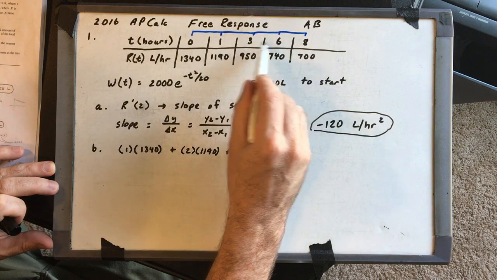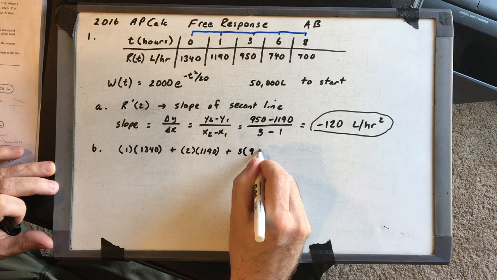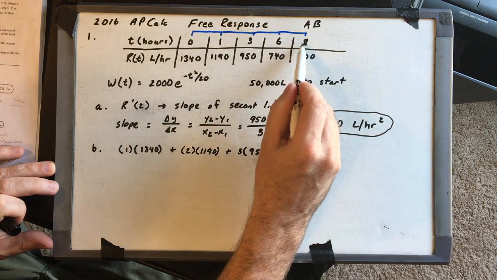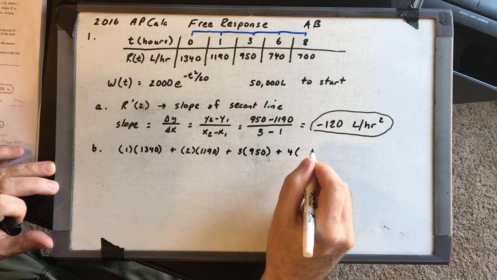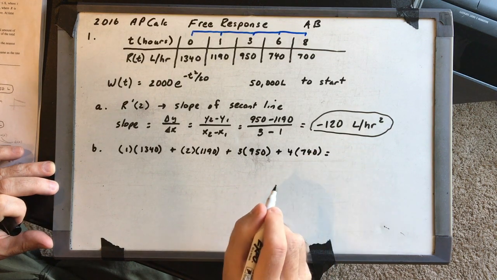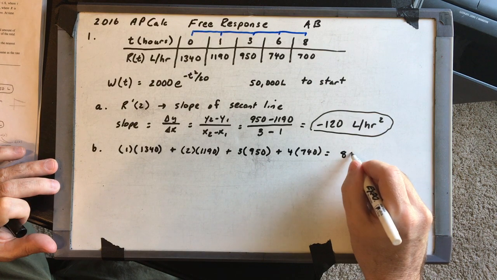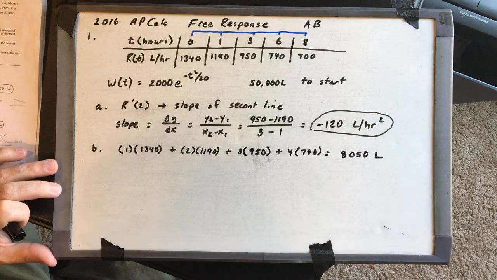For the third rectangle, the base is 3. The left height is 950. And for the fourth rectangle, the base is 2 from 6 to 8. And the left height is 740. So, you get to use your calculator, thank goodness, but that's 8,050 liters.